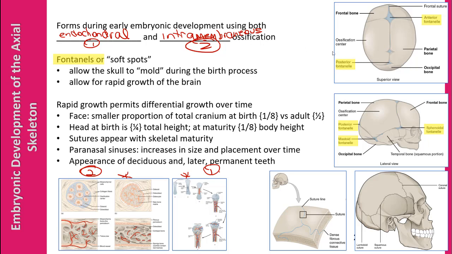As infants, what happens is these are infant skulls. And what you can see here is that you have these fontanelles, which are also referred to as soft spots. And so these are portions in the skull where there's no bone, right? And what happens is the absence of bone at these fontanelles actually allows the skull to grow rapidly.